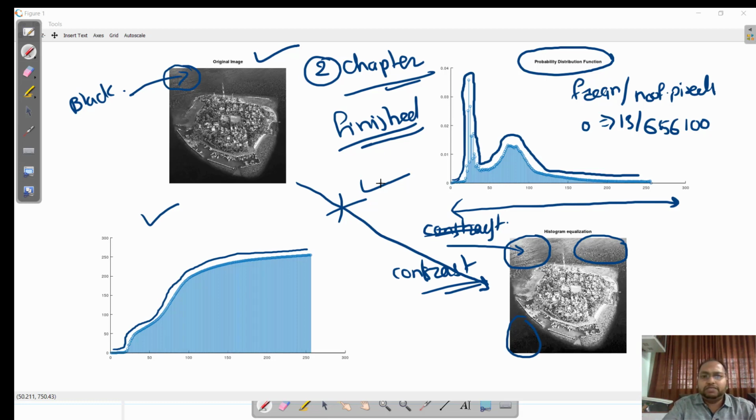Similar kinds of filters we are going to develop or study in image processing now. Okay, fine. I hope I have cleared all the concepts related to the histogram. If you have any doubts, you can ask me directly. So I declare that the second chapter has been finished, and in the next lecture we shall be discussing the third chapter, that is filters.